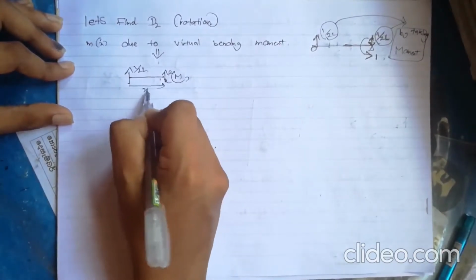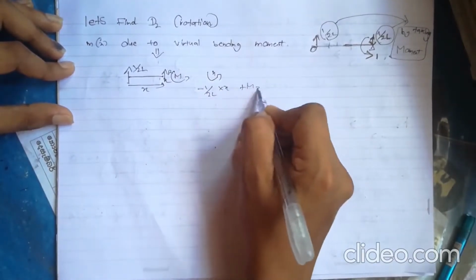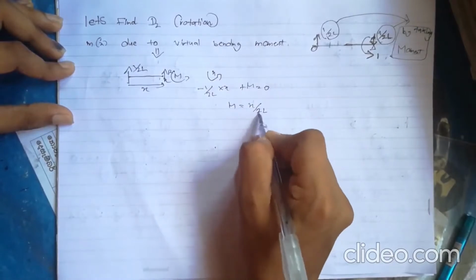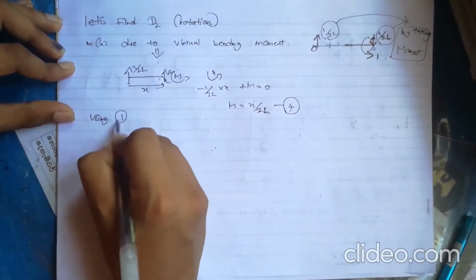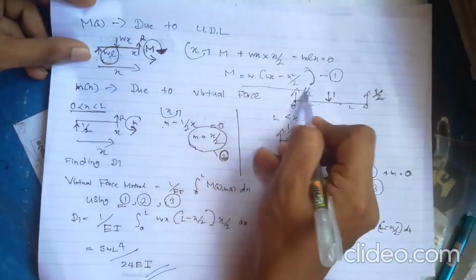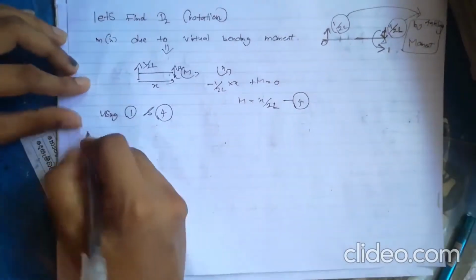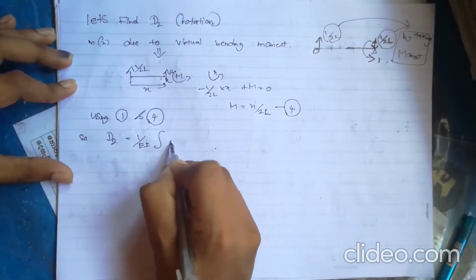Here capital M is the moment, in anti-clockwise direction, at distance x from the left joint. By substituting 1 and 4 in the formula, we can find the rotation due to the externally applied load.